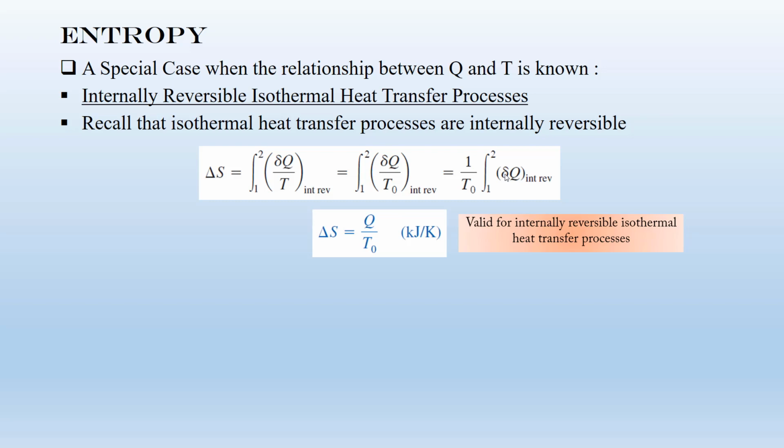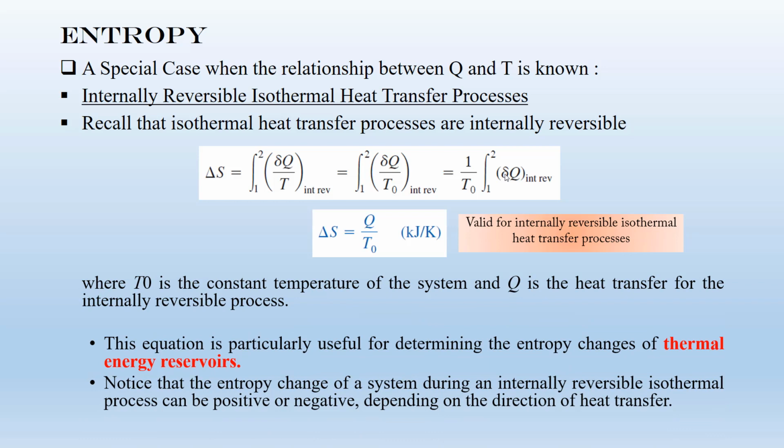As an example, you can use this equation to calculate the delta S for thermal energy reservoirs. Remember when I defined the reservoir, I mentioned that the temperature of those reservoirs is constant. So you can use this equation to calculate the entropy changes of a thermal energy reservoir.